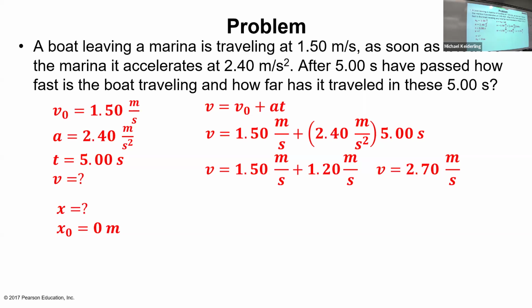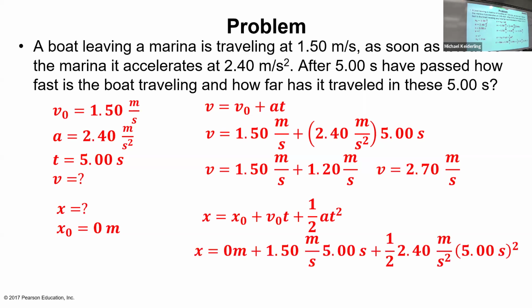This equation is the natural one. Often you're looking for how far something's traveled. That's going to be x minus x0. You can generally set x0 to 0. So the appropriate equation is x equals x naught plus v naught times t plus 1/2 acceleration times t squared.